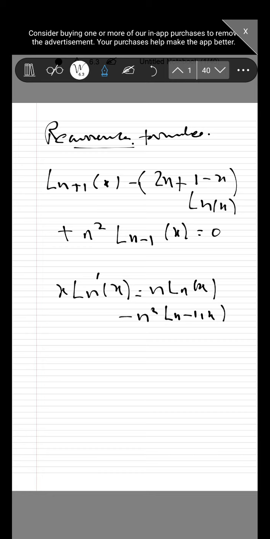So these two are the recurrence relations of Laguerre polynomial.